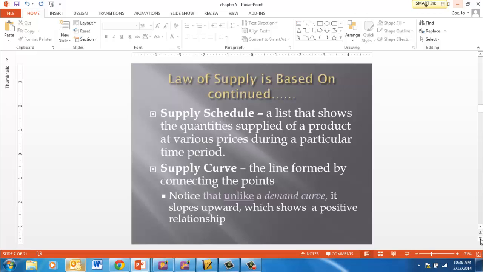We use the supply schedule to make a supply curve by simply connecting the points. Now, unlike a demand curve, the supply curve is going to slope upward, and it's going to show a positive relationship. So as the price goes up, so does supply.